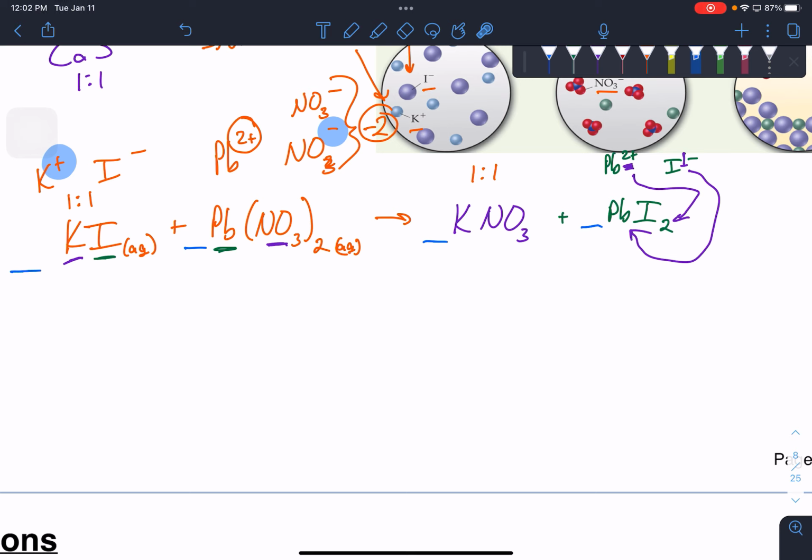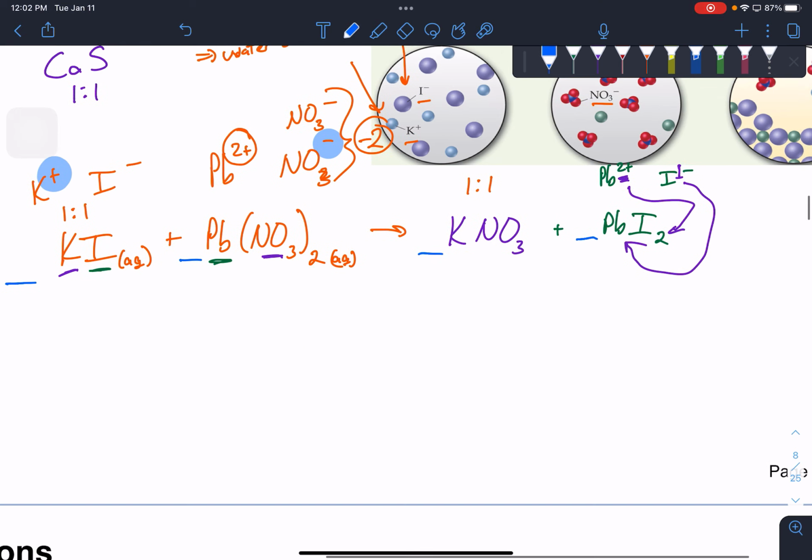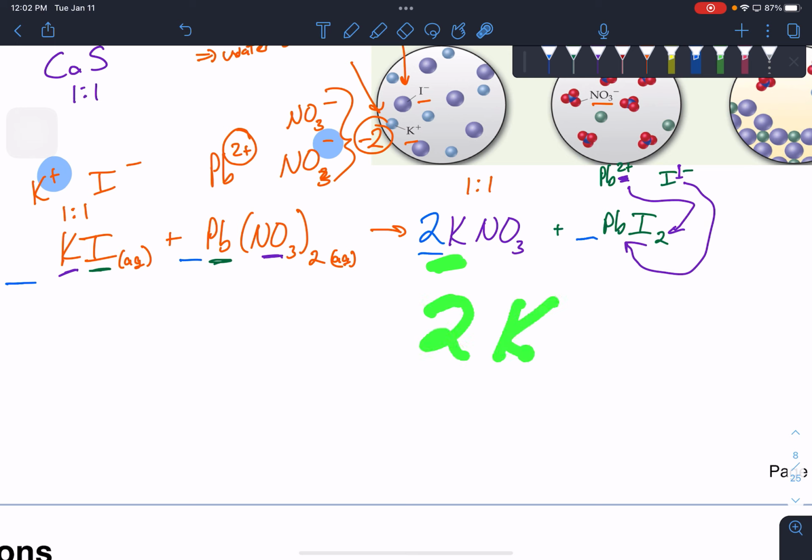So I just look for the first thing I notice that's out of whack, and it's the nitrates, and I start adjusting the coefficients. So I got 2 nitrates on that side, I got 1 nitrate on that side. So I'm going to add a 2 in front. What does that do? Well, it now affects the potassium. I have 2 potassiums there, and I only have 1 potassium there.